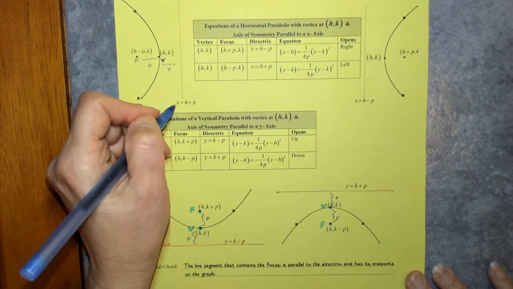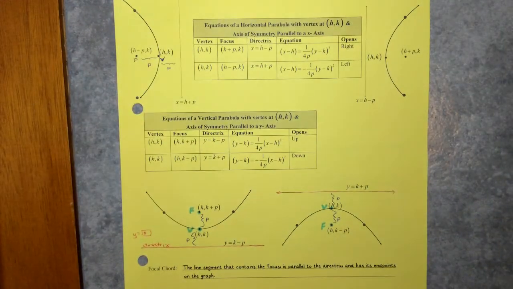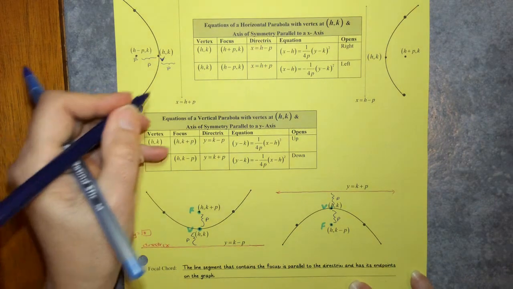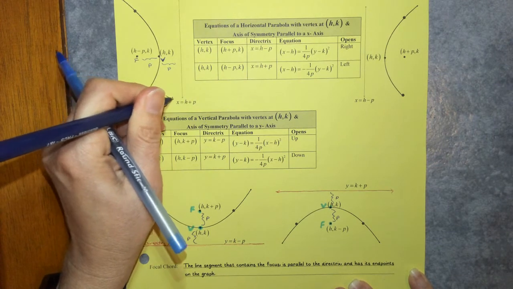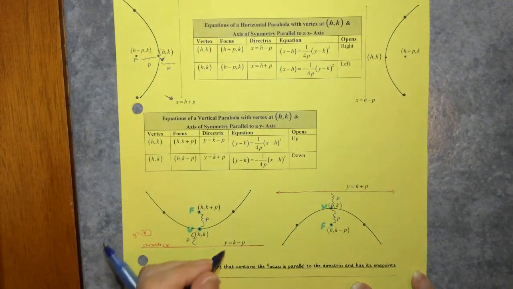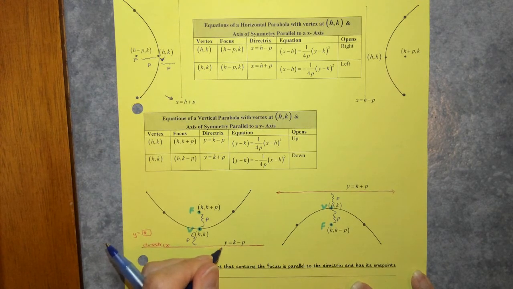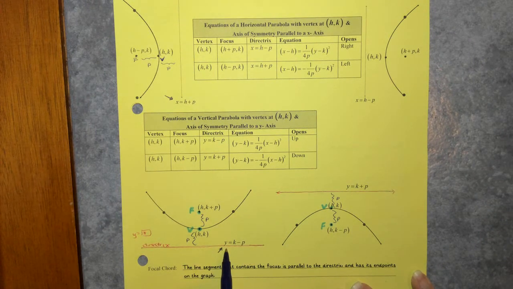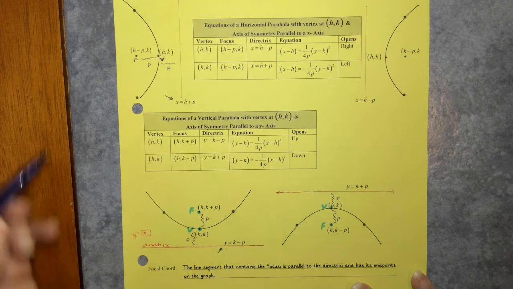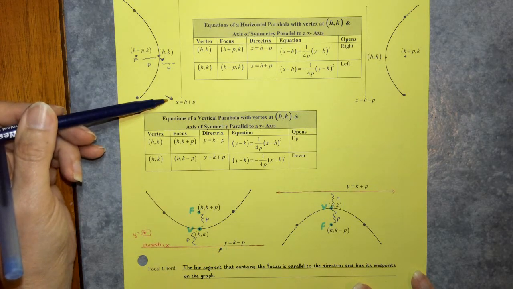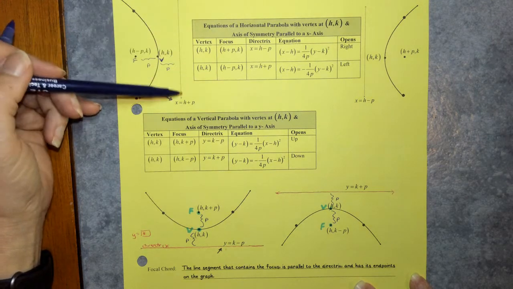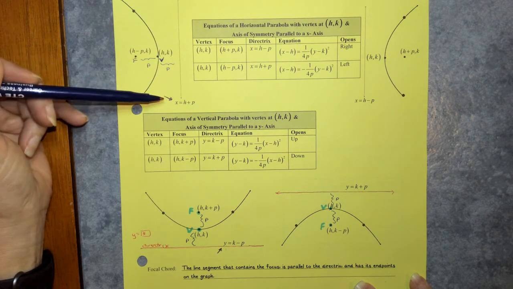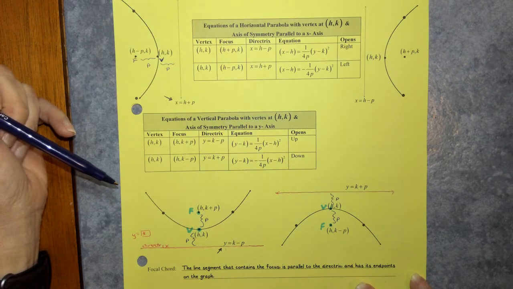But one of the things I want you to definitely pay attention to is that the directrix line is no longer a y equals. It's y equals when you're dealing with a vertical parabola, but it's x equals if you're dealing with a horizontal parabola, because it's a vertical line, and vertical lines have x equals as their equation.